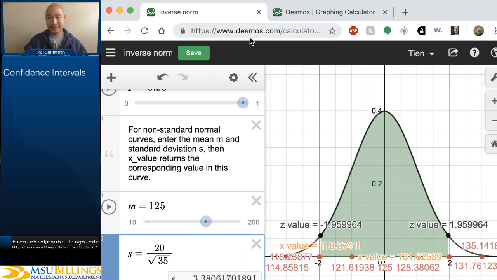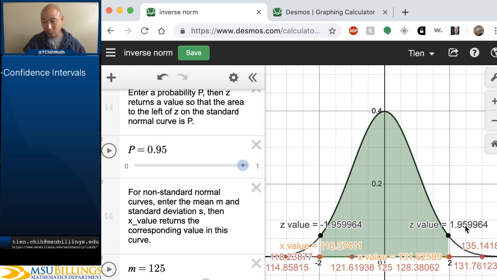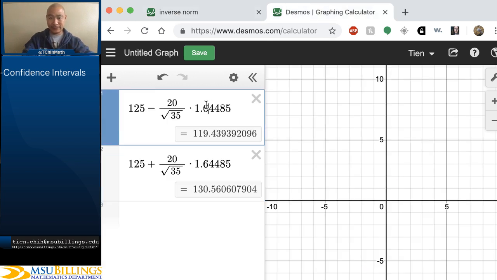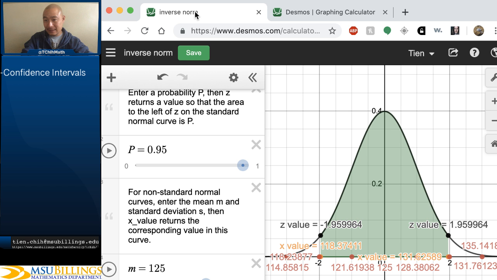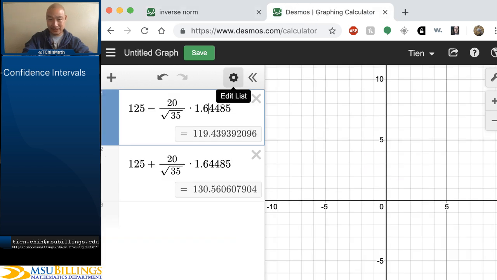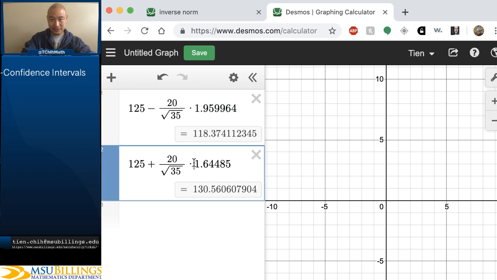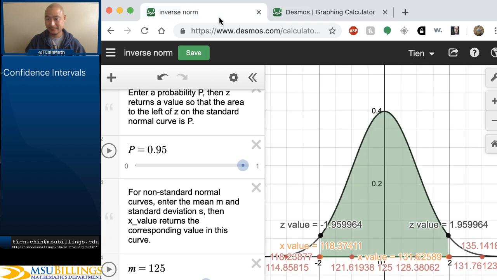And then my z value in this case, we can see is 1.959964. So if I go out here and I go 1.959964, then I get 118.37, 131.63, which is exactly the values we got here, right?